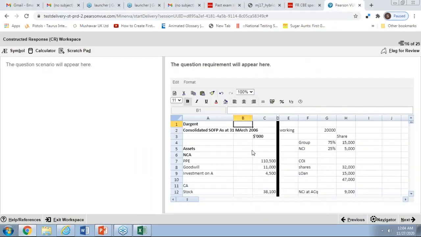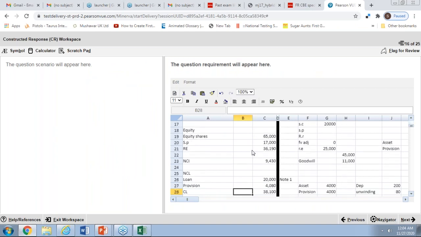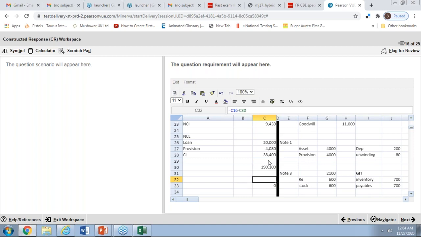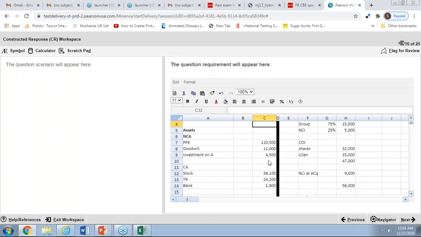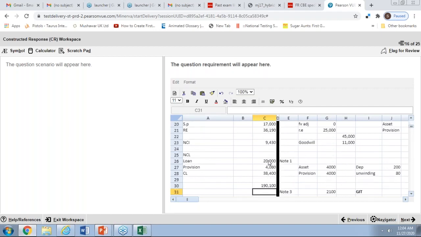Yes, loan interest. Loan interest is interest payable. In current liability, we have to add the interest payable 300. Now you can see that the balance sheet is balanced, and we knew that we had skipped one adjustment. So even if you skip one adjustment, your balance sheet will be equal.